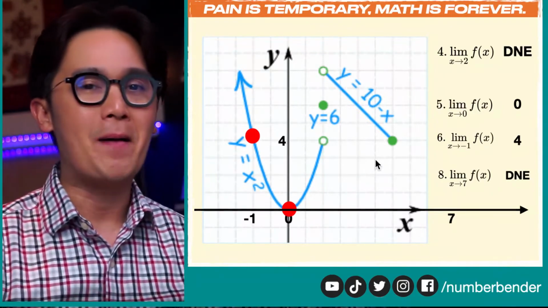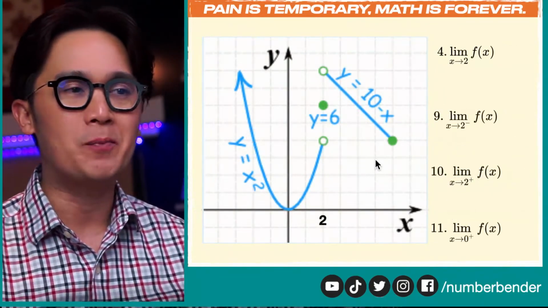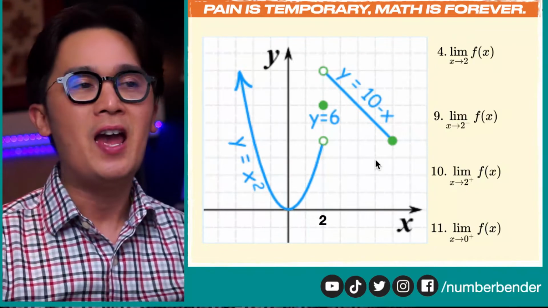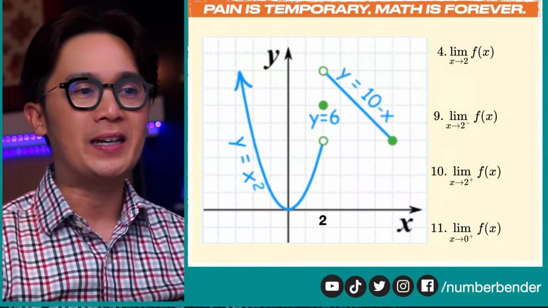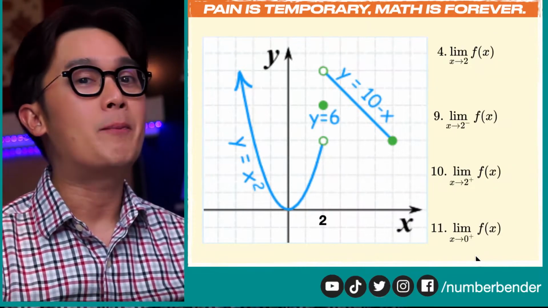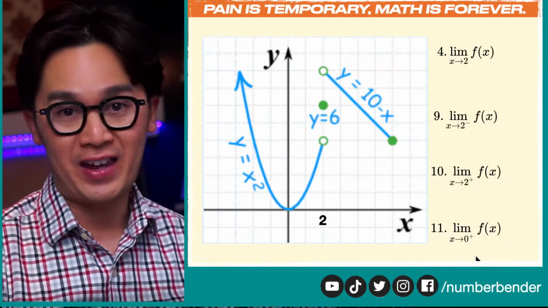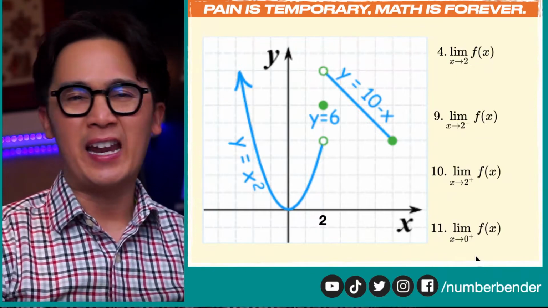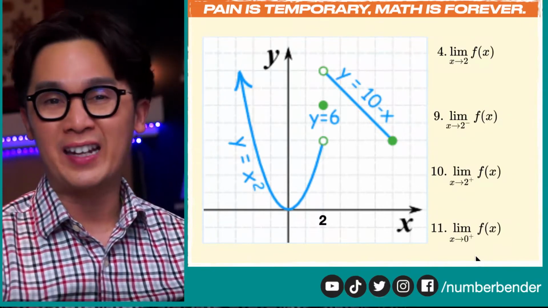So let's have more problems involving the limit of a function, but this time with different notations. Notice that on problems 9, 10, and 11, we're seeing a positive and negative sign on top of our value of x. So does that mean that it's a negative 2 or a positive 2 or a negative integer?